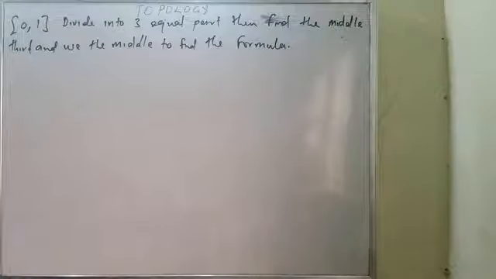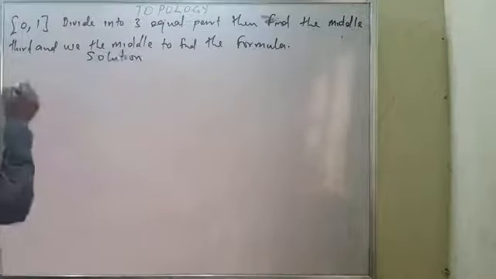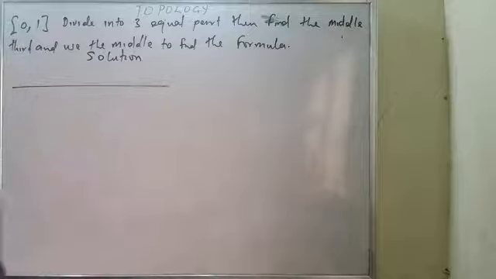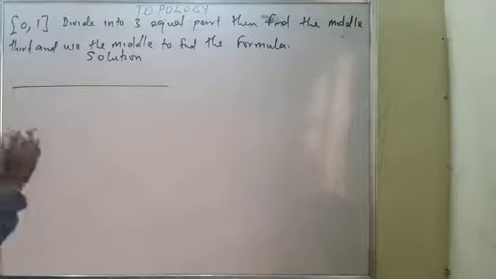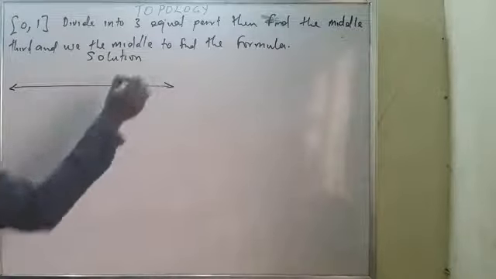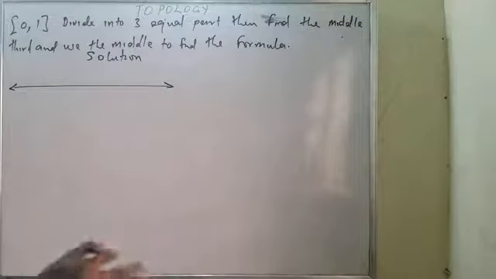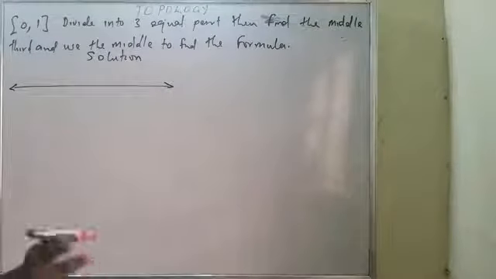Now, listen to me very well. We are talking about a line, the solution to this problem. It's a real line, which has no beginning and has no end. Take note of that.